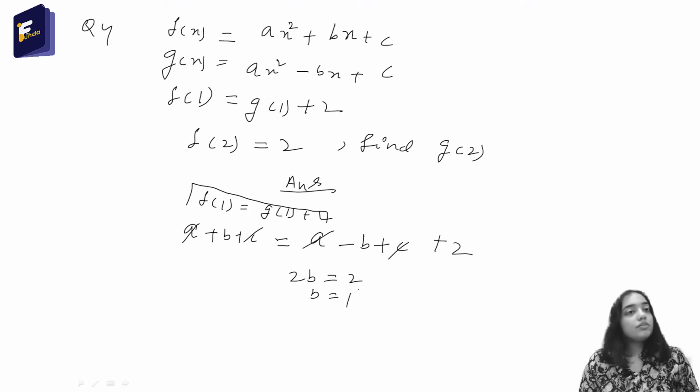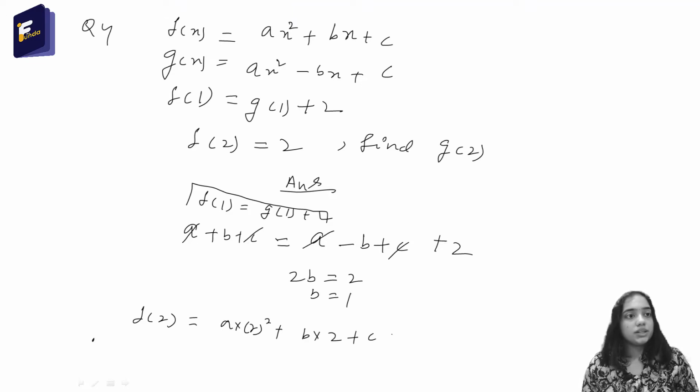So now we have to find g of 2. For that we are given that f of 2 equal to 2. So first we will find the value of f of 2. It is f of 2 equal to a into 2 square plus b into 2 plus c, which is equal to 4a plus 2b plus c.